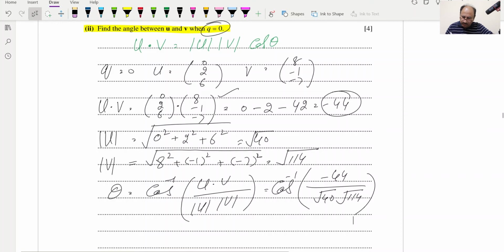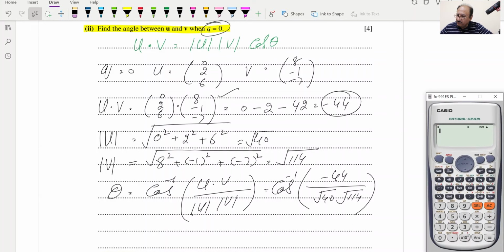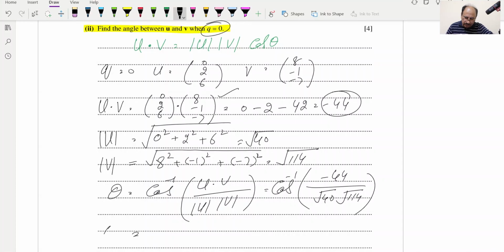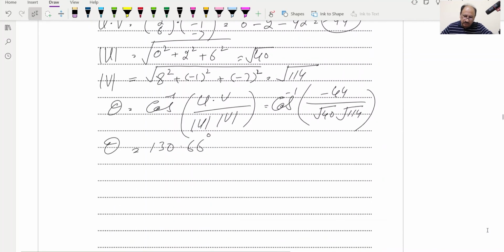So now we can check with the calculator: shift cos of fraction minus 44 over square root of 40 and square root of 114, bracket closed, and this is equal to 130.66. So theta is equal to 130.66 degrees, and we can write this as 130 degrees. This will be our final answer for this question.